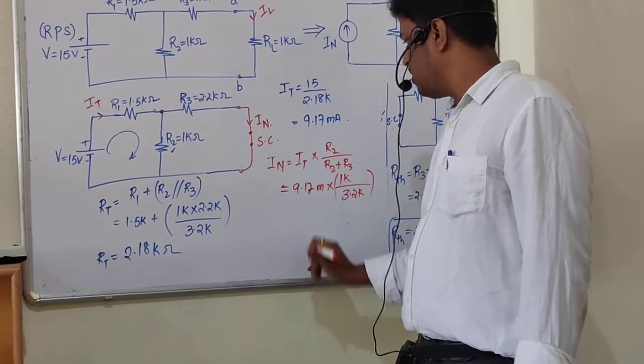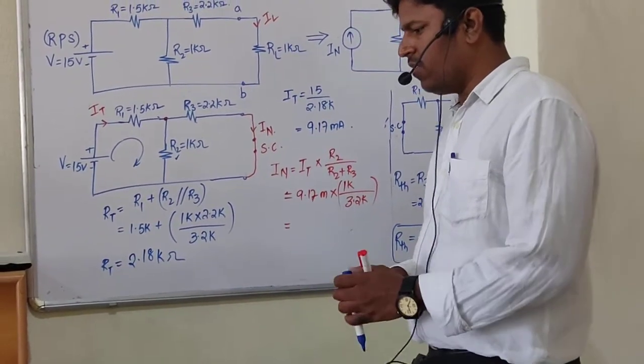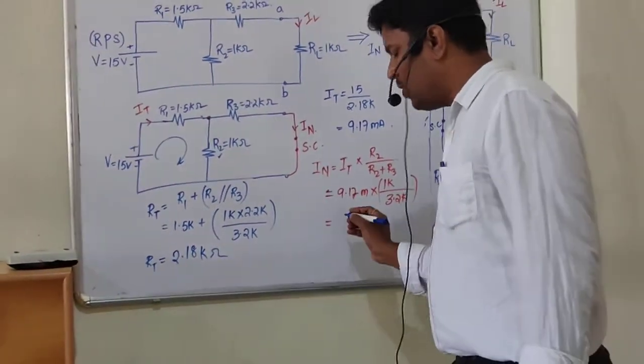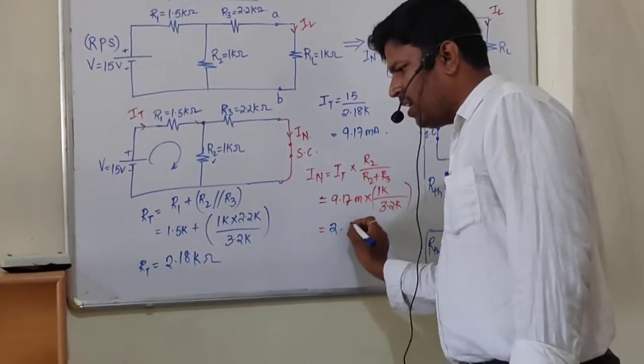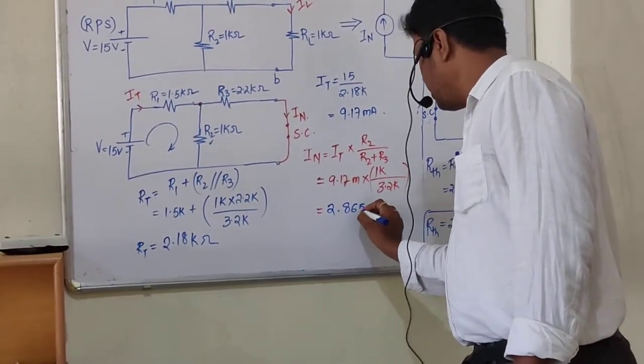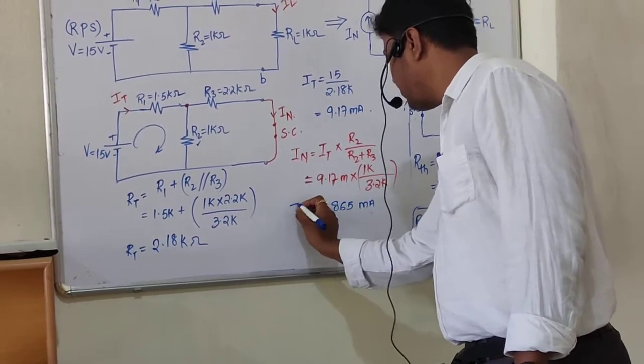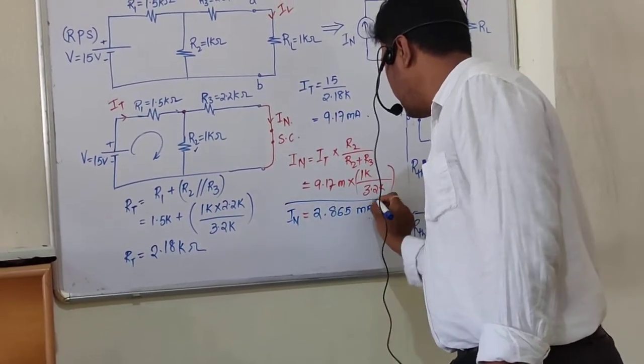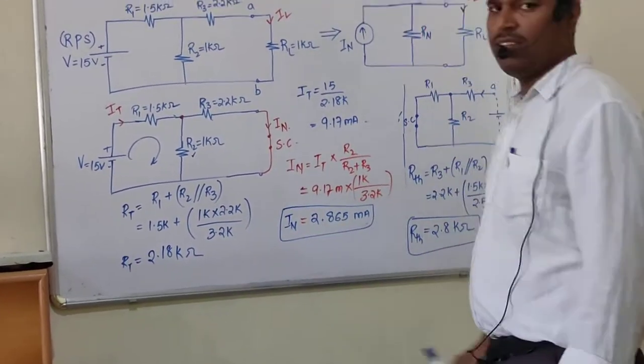So here we will get IN equal to 2.865 milliamperes. In this way we get the IN current, right?